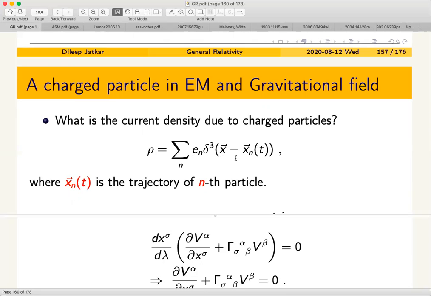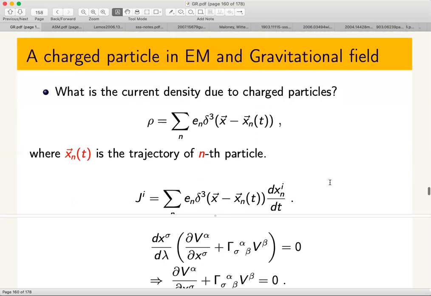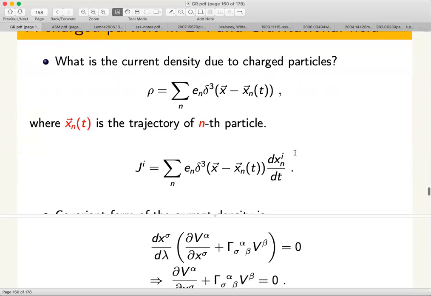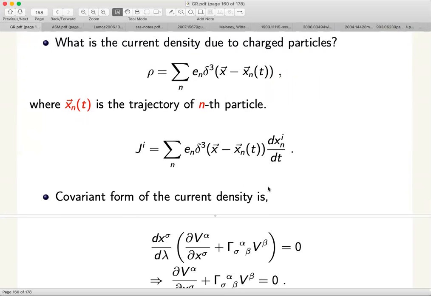Okay, each charge is supported on a particular trajectory. The corresponding current density would be written as the same kind of expression times the velocity of every particle. Okay, so this is the way the non-relativistic, or rather, non-covariant description would be given.